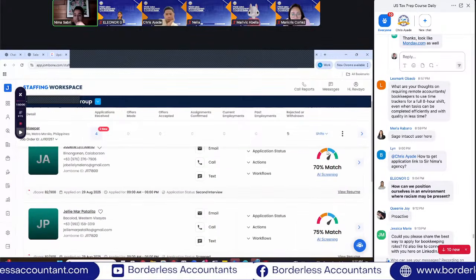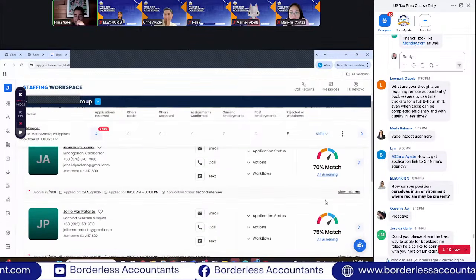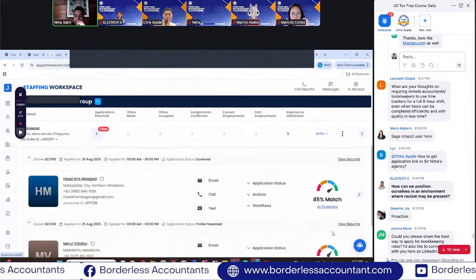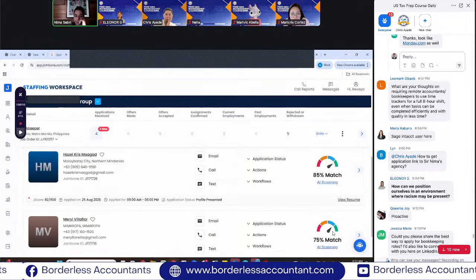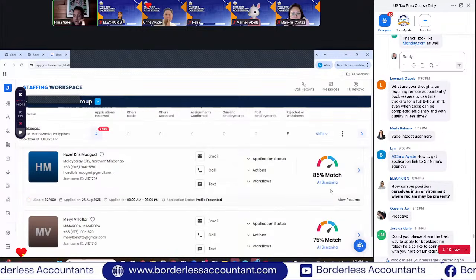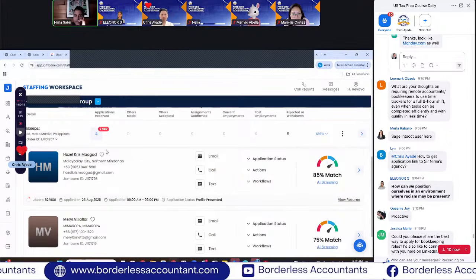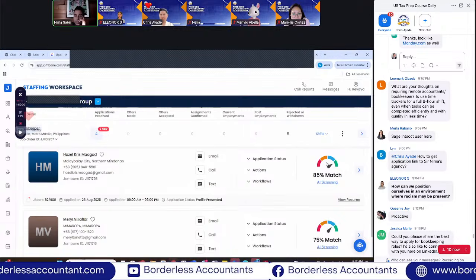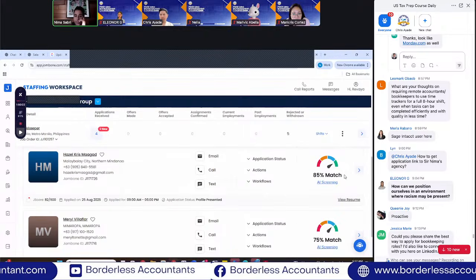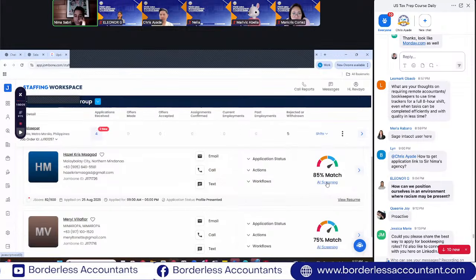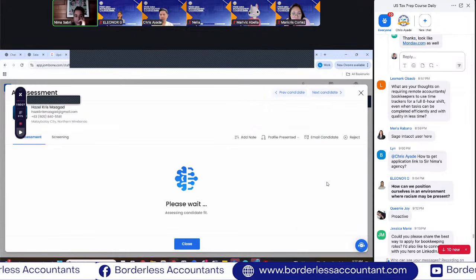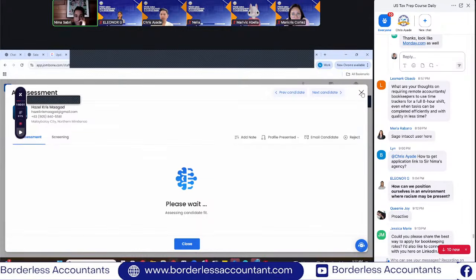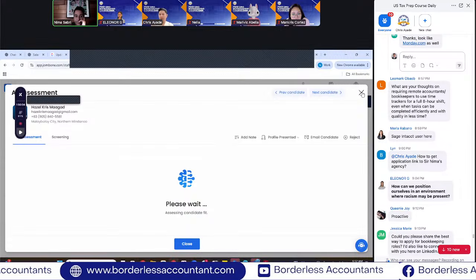So you see, AI is telling me 70% match, 75% match, and then 85% match, right? I'm very limited with showing you, but AI shows us what it is based upon the job description that it has.